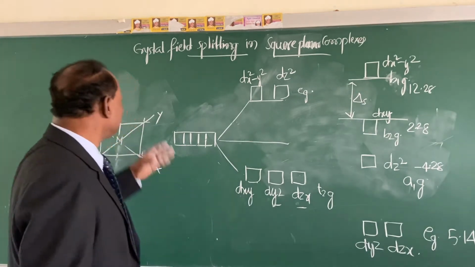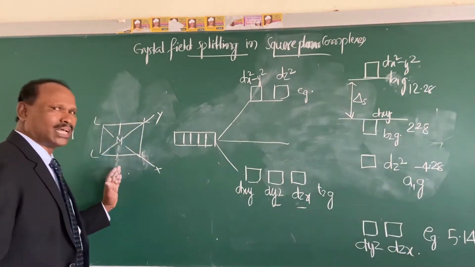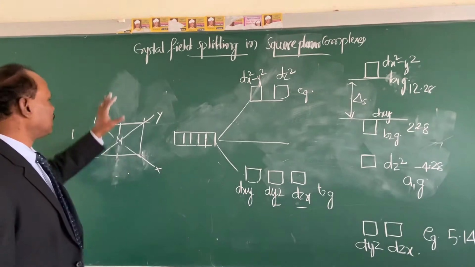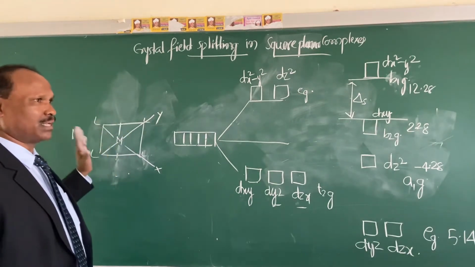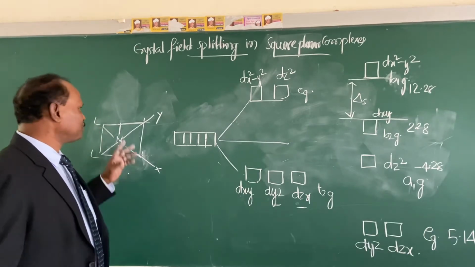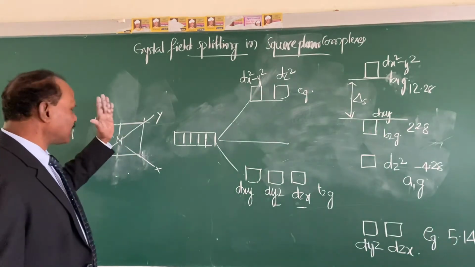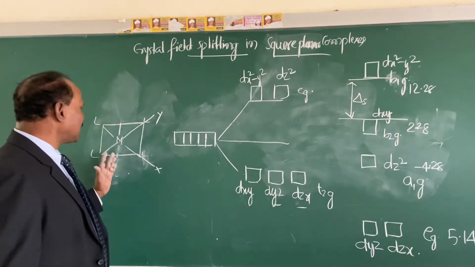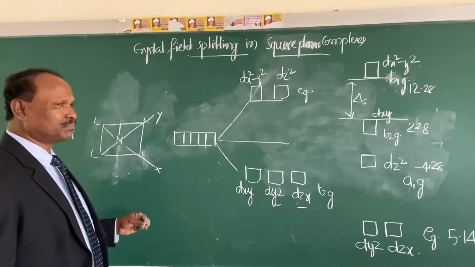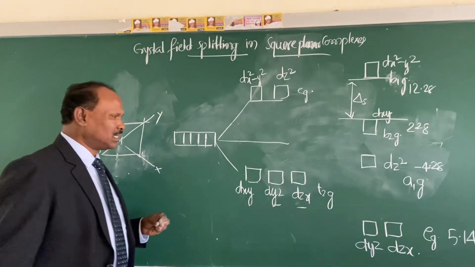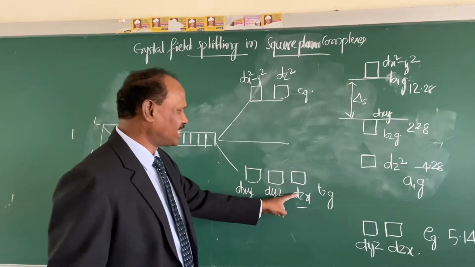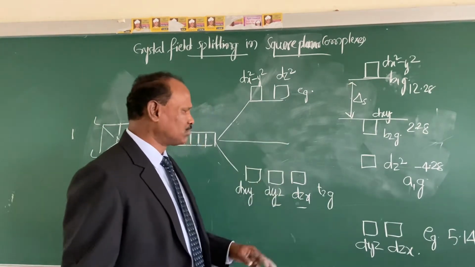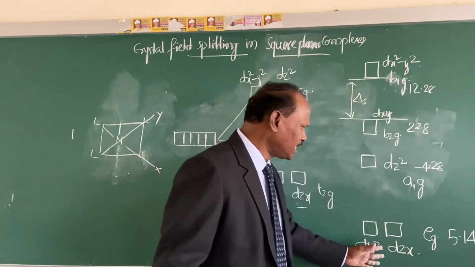Then what I have done, I have removed the z-axis. When I removed the z-axis, the octahedral complex geometry has become the square planar geometry. That means the orbitals of the central metal ion which are there along the z-axis suffer minimum repulsion. Which are those orbitals? dyz, dzx. Therefore, they suffer minimum repulsion and are lowered in energy.